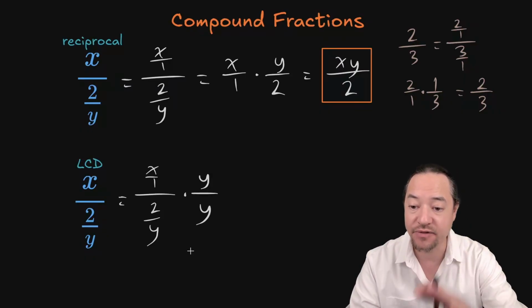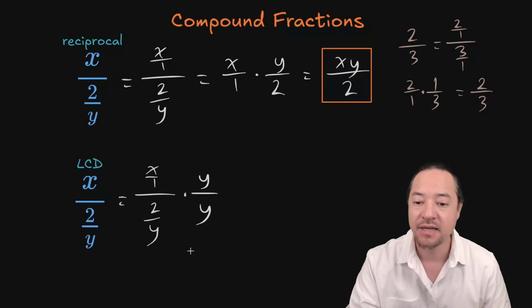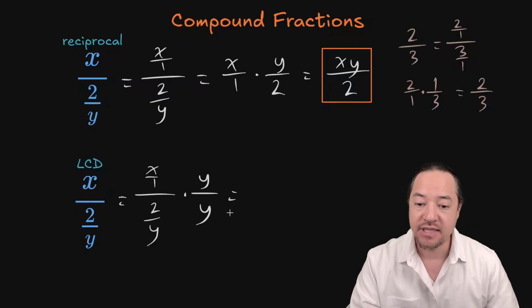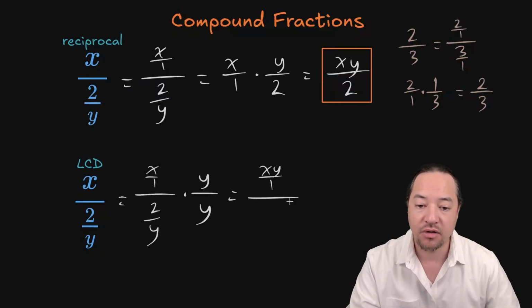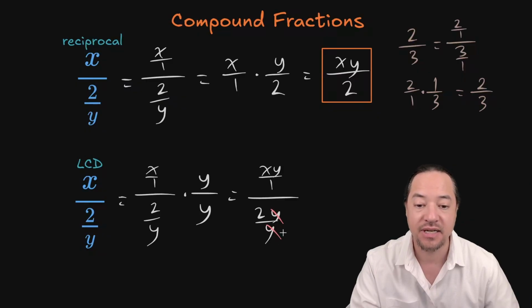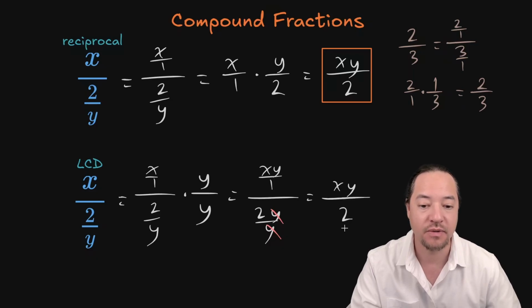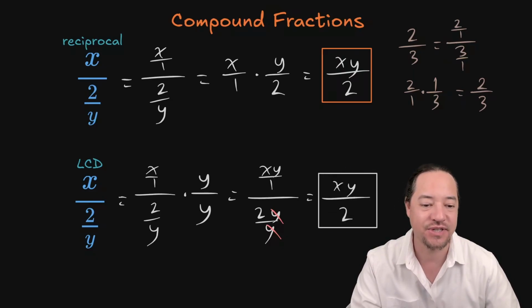So I'm multiplying by 1. When I do that, what I'm going to get in the numerator is xy over 1 all over 2y over y, and we see that these y's are going to cancel out here, right? So these cancel out, and so I can think of this then as xy over 2. And that's exactly what we got in the first example here.